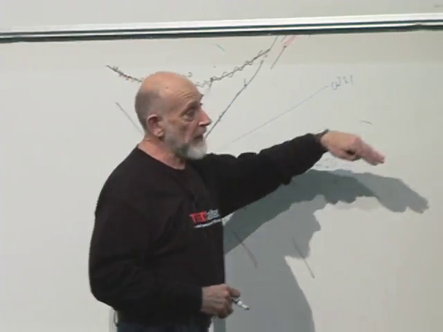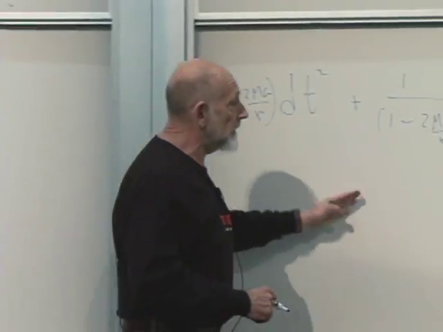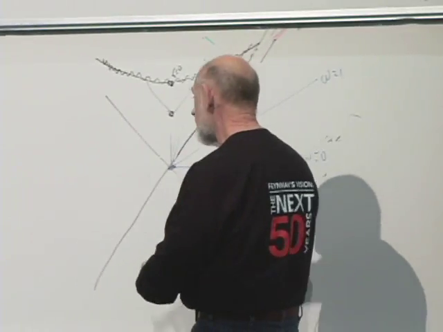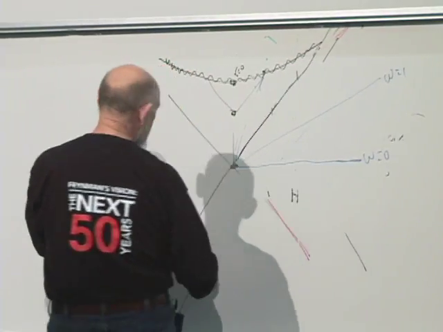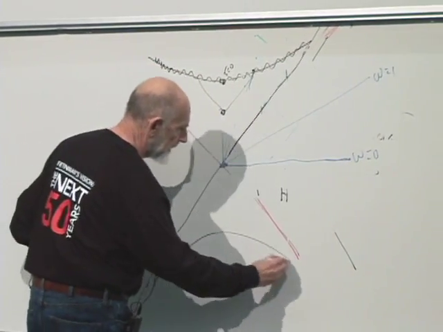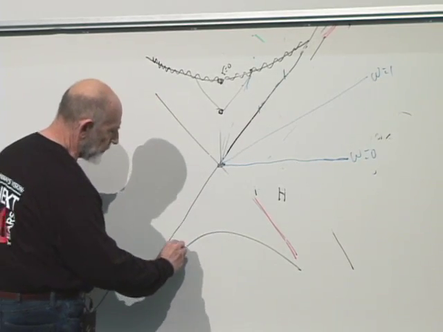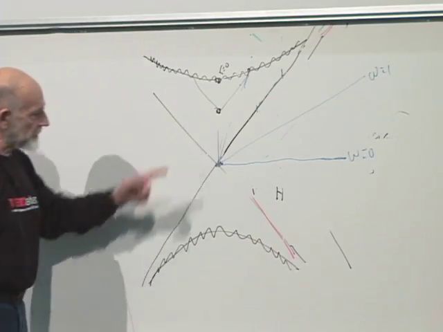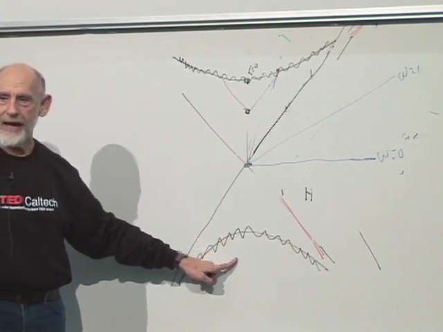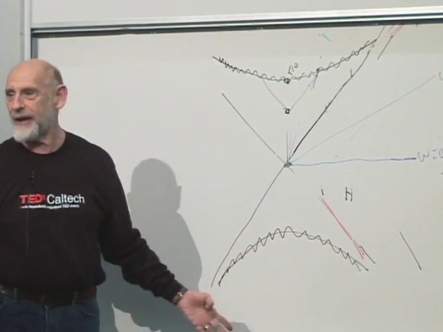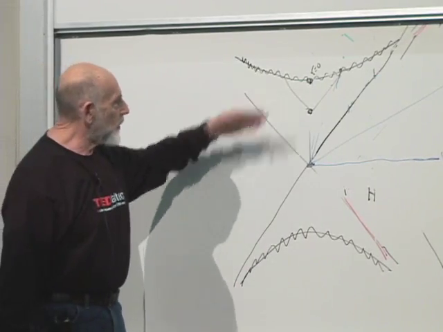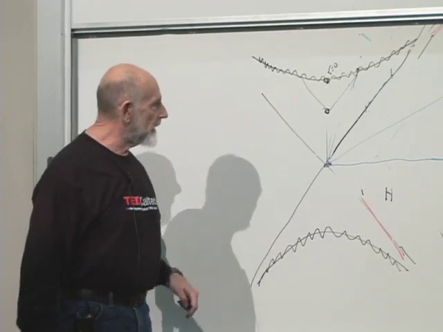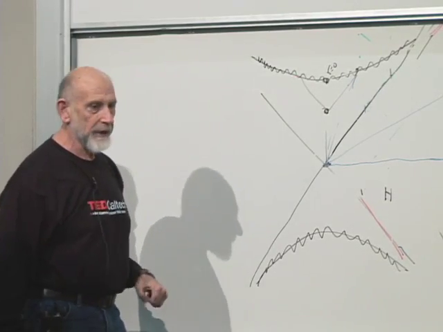And if you study this metric in its mathematical detail, you'll find out that what it really represents is a time-symmetric situation with a singularity in the past and a singularity in the future. Now, Alice doesn't have to worry about the singularity in the past. There's no way she can get back to the past. You can't get back to the past. She has to worry about the singularity in the future. Okay? She's going to fall into the singularity over here.